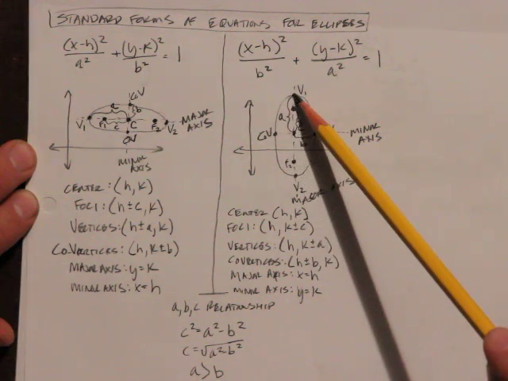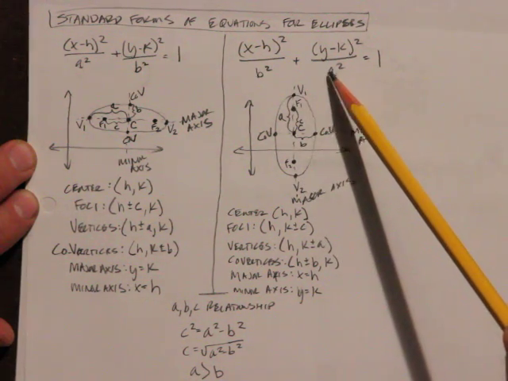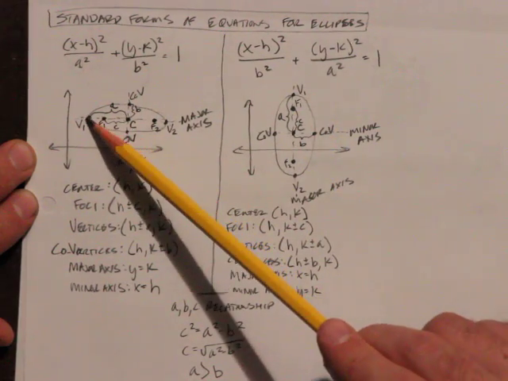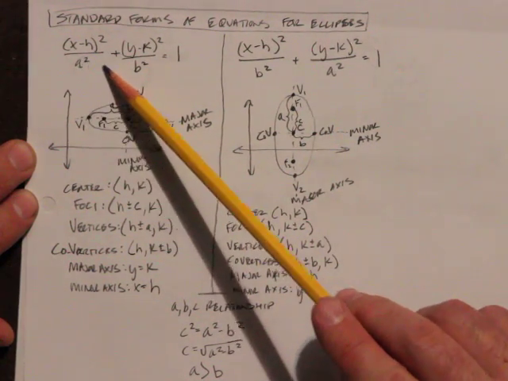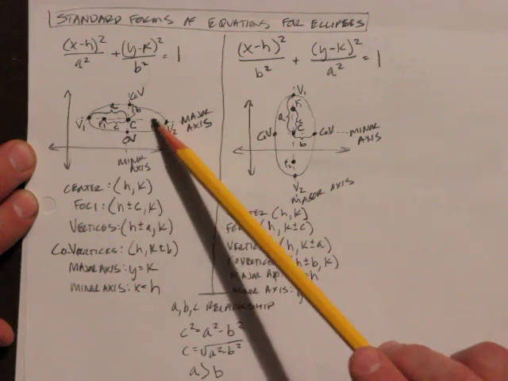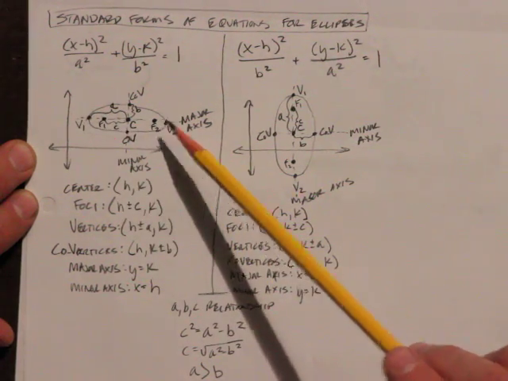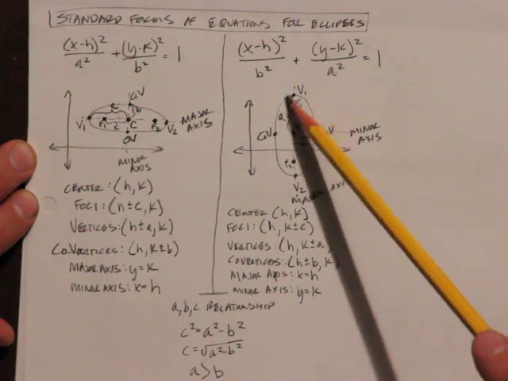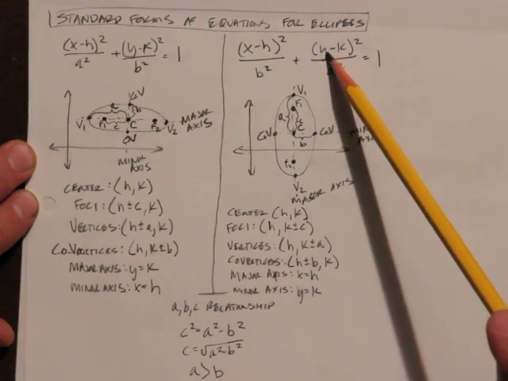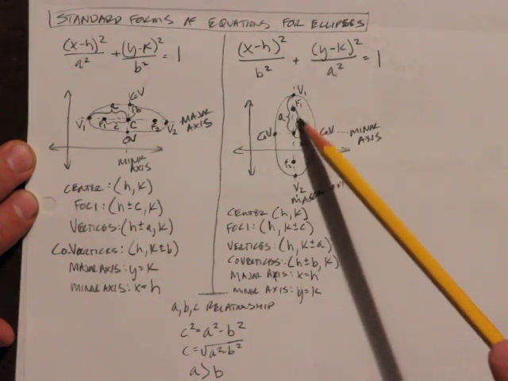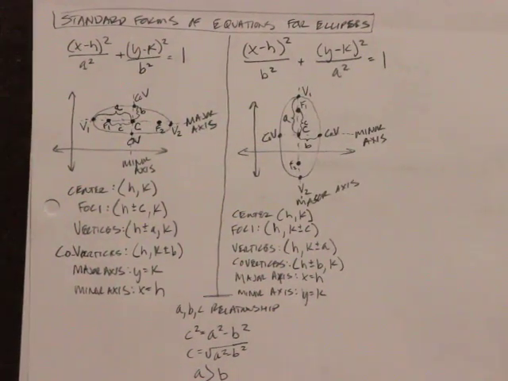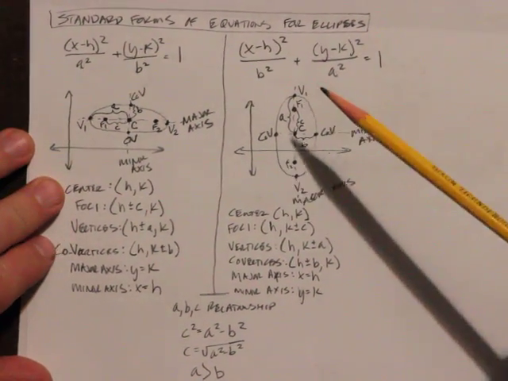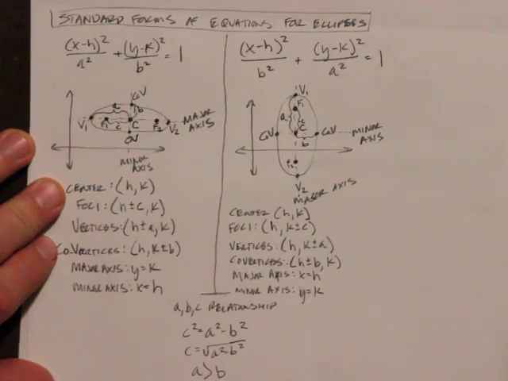So if you go from the center to the vertex, whichever one is longer, if it's the x that is longer, then you're using this form, and the ellipse is flat this way. If a is longer and it is with the y fraction, then you know the ellipse is going to be taller. Now let's talk about what some of these letters mean.